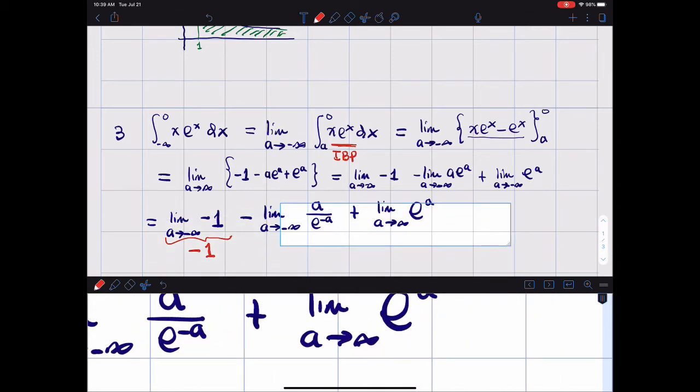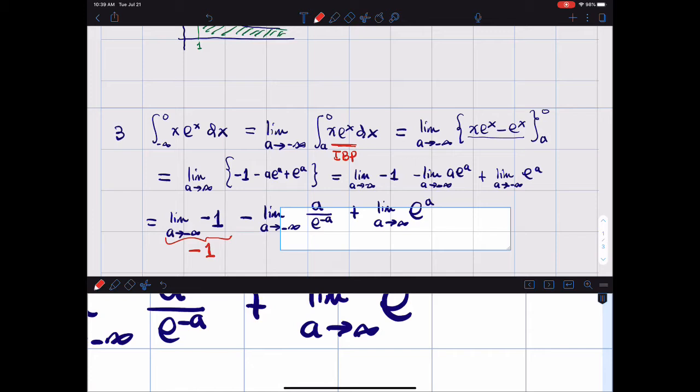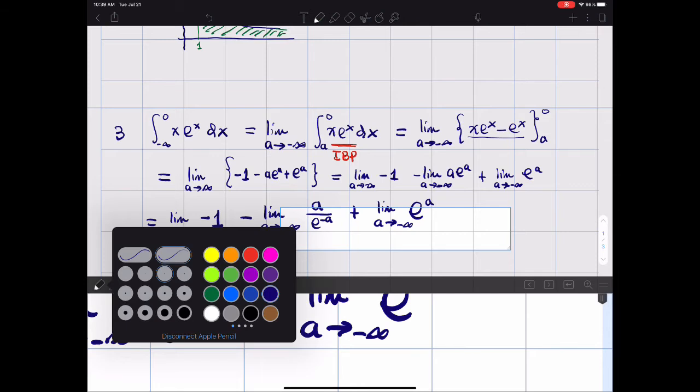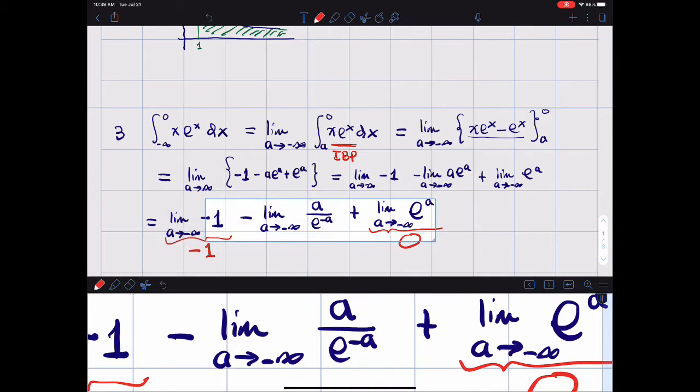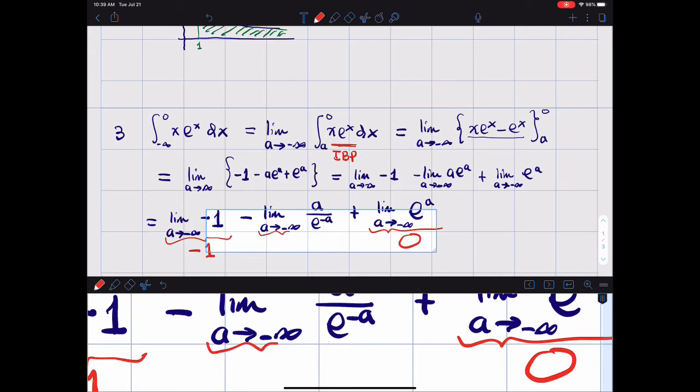Let's go to the third one. As a goes to negative infinity, this becomes e to the negative infinity, so this goes to 0. So we are left with this one, and we're going to apply L'Hopital's rule.